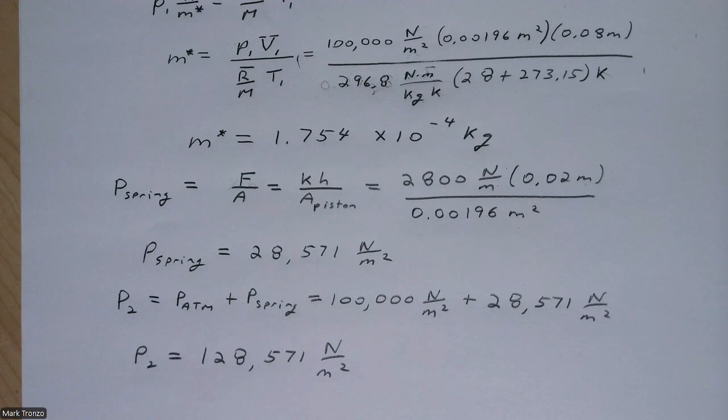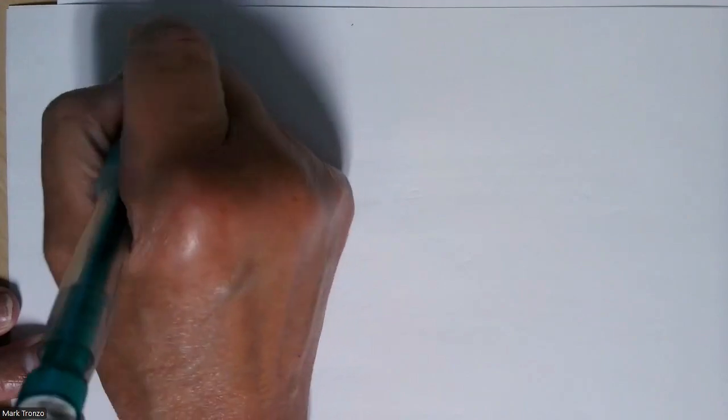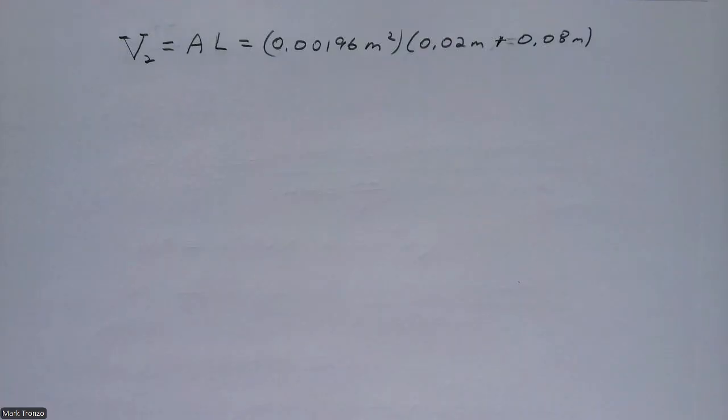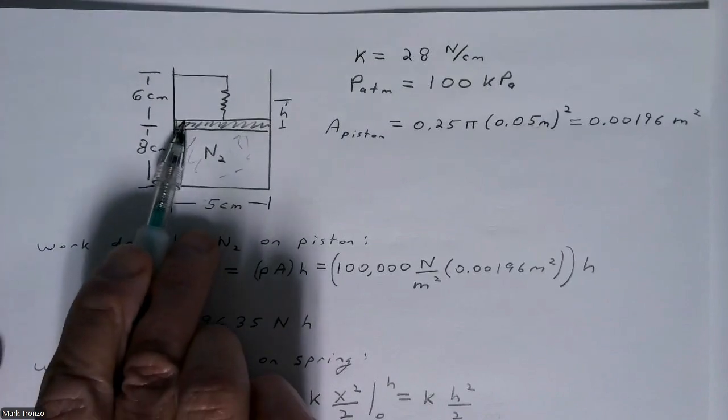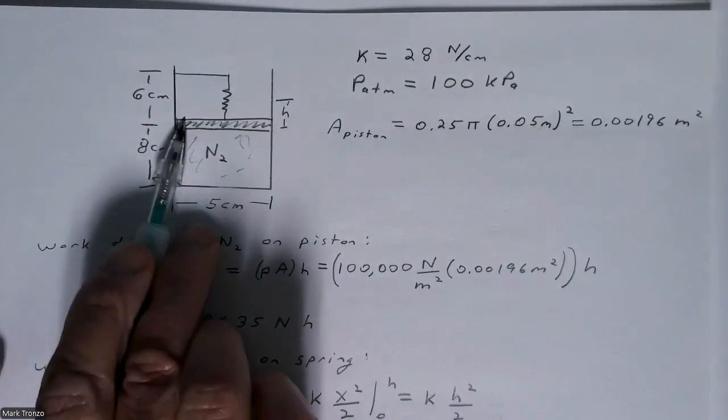So now we can finally use our ideal gas law. Again, I just realized we're going to need our final volume. Now, the volume is going to be the area of the piston times the total height here.